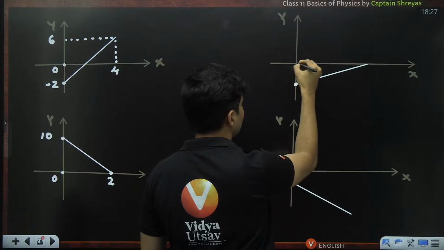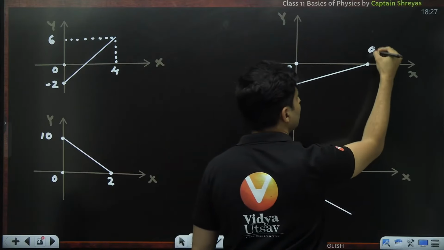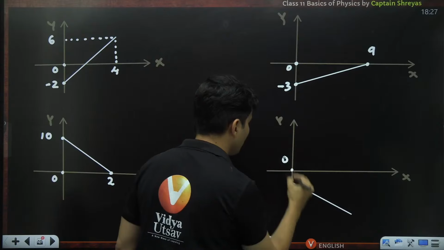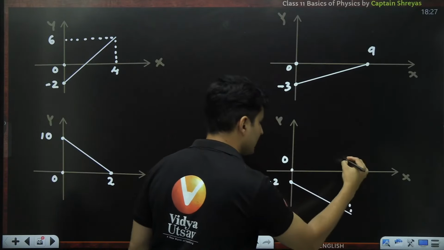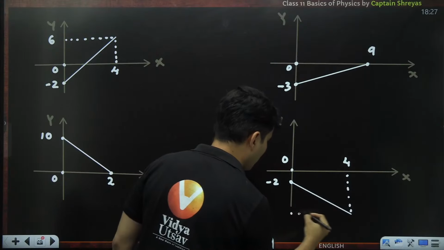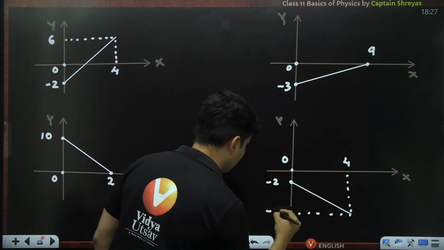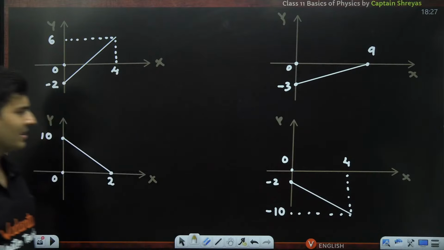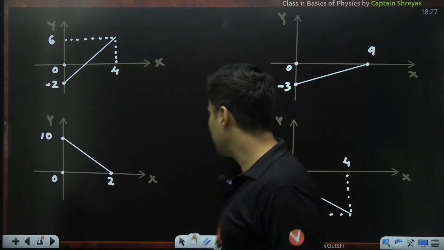Again this is 0, this is -3, this is 9. This is 0, of course. Let's say this is -2, this is 4, and this is -10. I have taken some random values and I want to find out the slope in every case.